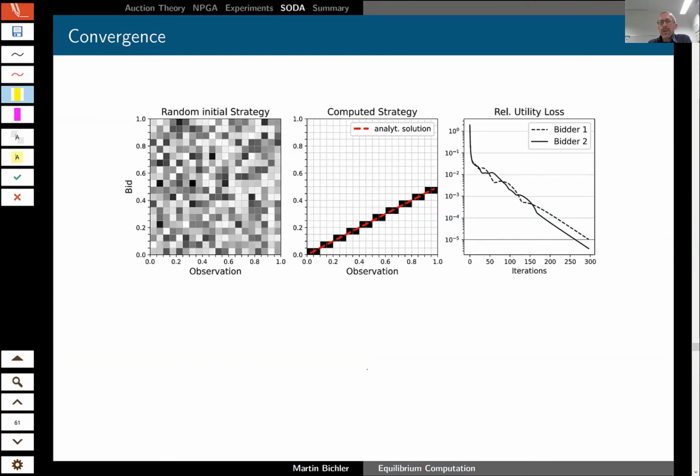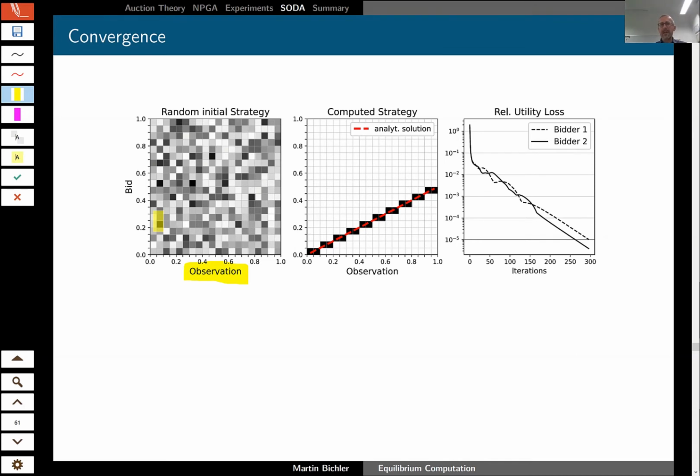So how would this work? This is a first price sealed bid auction with 2 bidders. What you see on the left here, and here we assume a uniform prior, is that we randomly initialize this matrix. So the gray shades here are the probability, the Si, right? The probability of a particular type playing a particular bid.